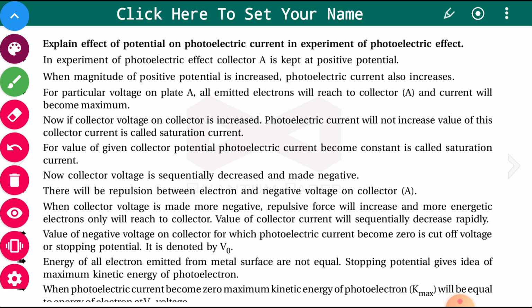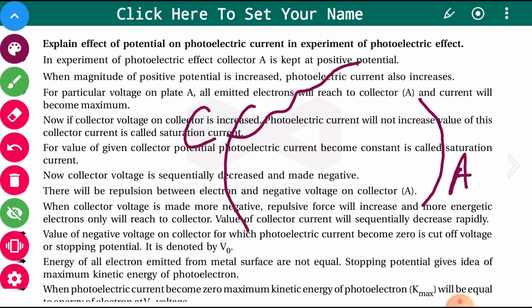So wherever the electrons are attracted, that plate, say this is your plate A and this is the plate C on which you are incidenting the radiation of proper frequency. Now this A is kept positive. So electrons which are emitted can easily be attracted by A, or we can say collector.